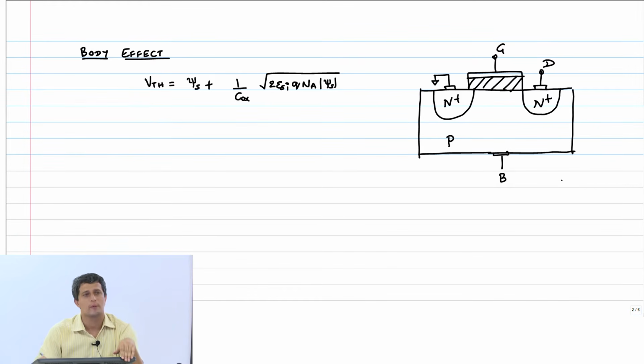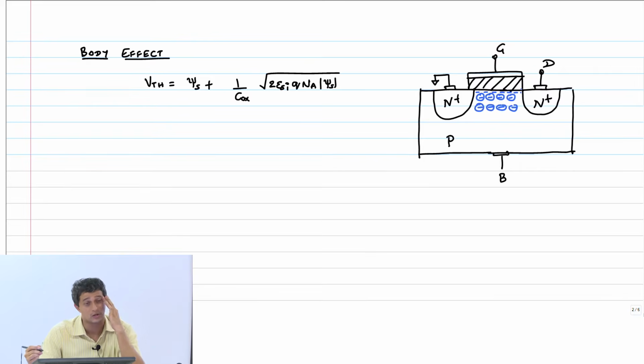So what happens when you do that? Let's now assume that our VGS is some positive voltage. So you have some negative immobile charges that have been created here, and then you can have some free electrons.